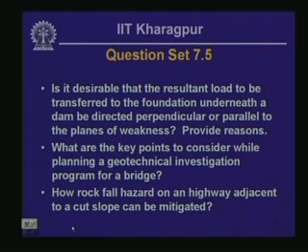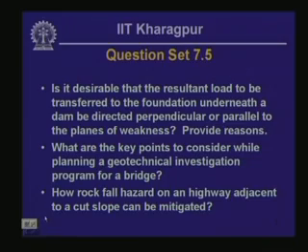Also, we could have nailing. We could have rock bolts to secure the potential unstable rock masses, that also is going to control or mitigate the rockfall hazard. So, these are the answers of the previous day's question set.